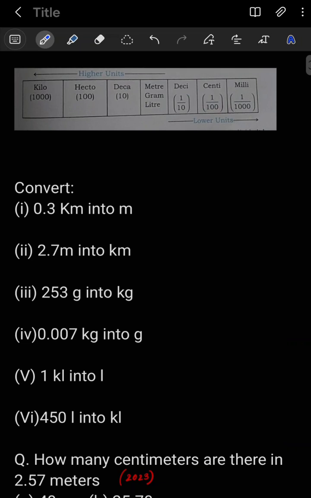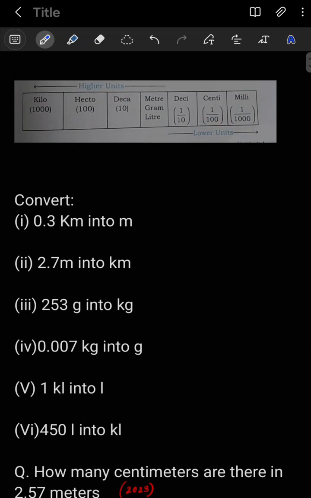Let's see. In front of you there is a table, one chart. In the table it is milli, centi, deci, meter, deca, hecto, kilo. You have to memorize these names, starting with milli, centi, deci, meter, deca, hecto and kilo.